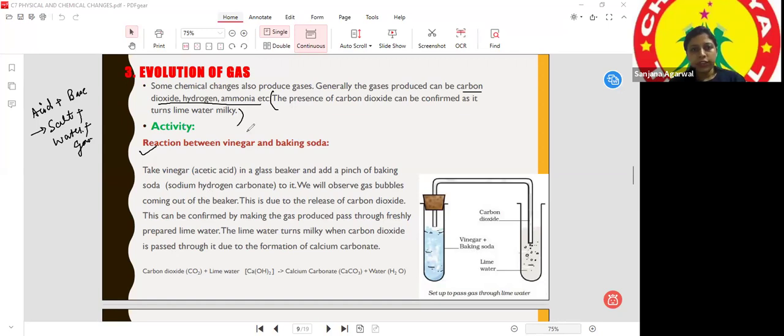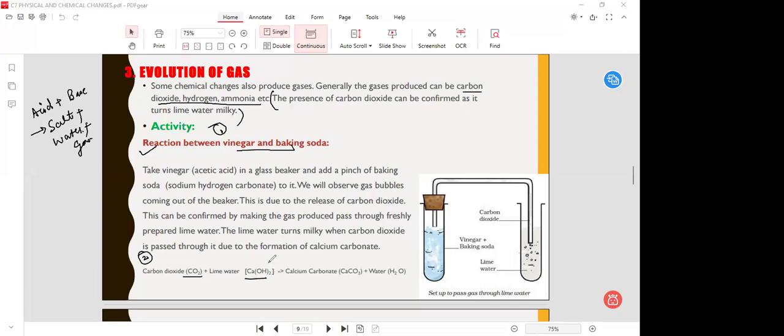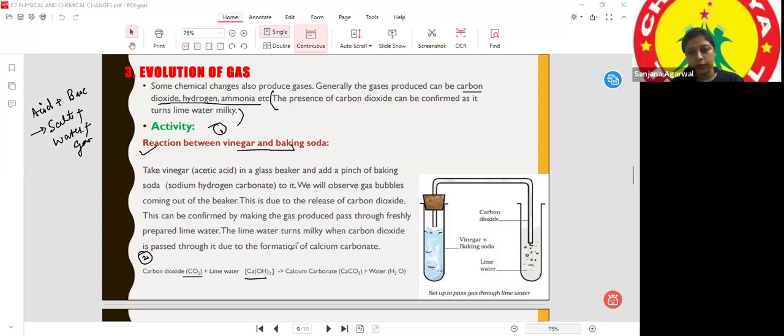One example of evolution of gas is the reaction between vinegar and baking soda. In simple words, you can write one example. The second example is, I think I told you in the last class also, carbon dioxide plus lime water. No, not this. I gave you the limestone whitewashing example, right?